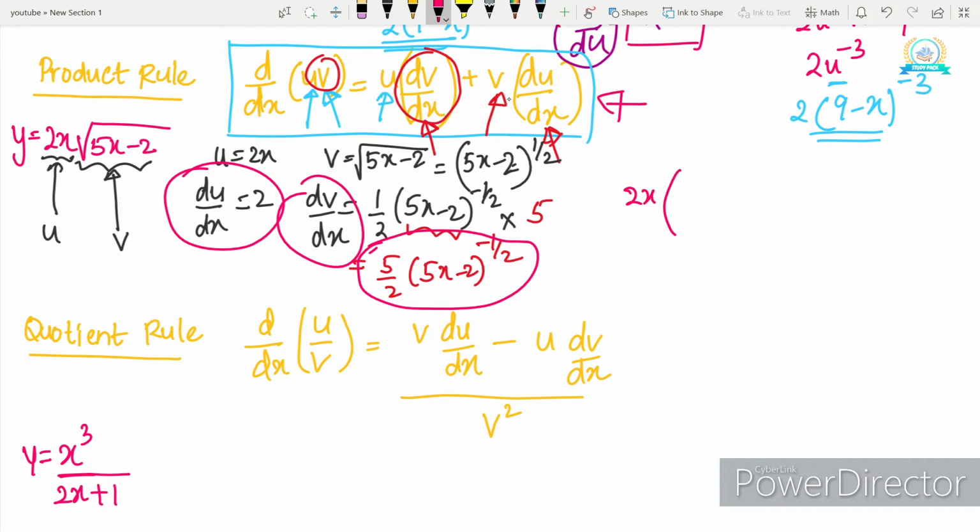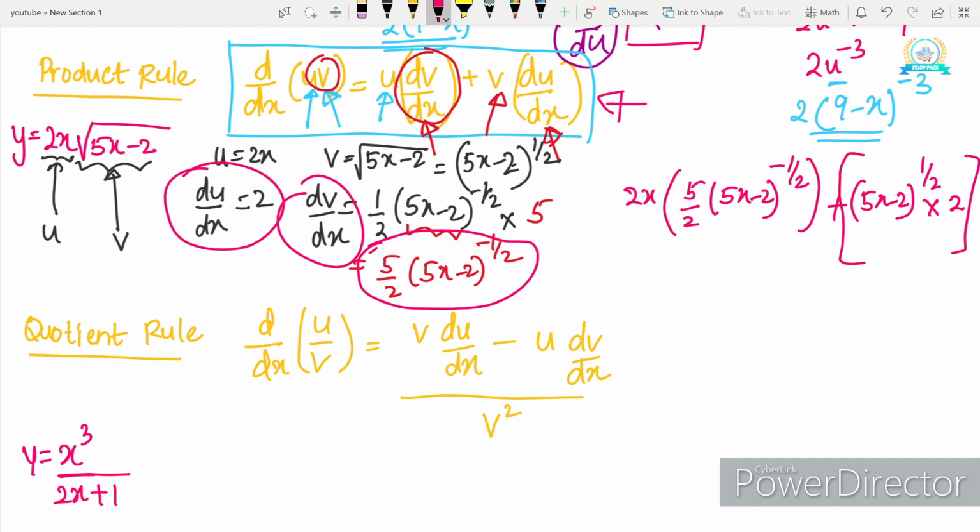And the differentiation of the other function, that's v, is going to be 5 over 2, 5x minus 2 to the power minus half, plus, what's my v? That's 5x minus 2 to the power half, and you write the differentiation of u like this. So you have these two sections.